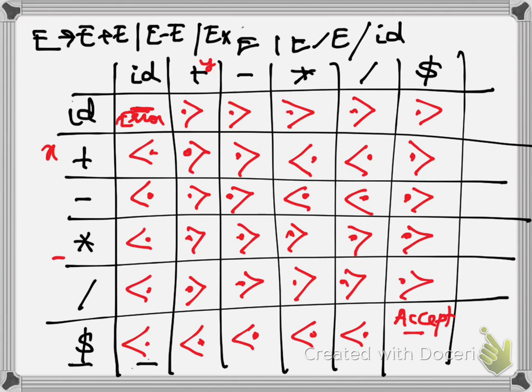But there also there is a disadvantage. The disadvantage is that this error that we can see here, ID and ID, this error term is not taken into account in the operator precedence function method. So that could be a disadvantage of that. So that is all about operator precedence parsing.